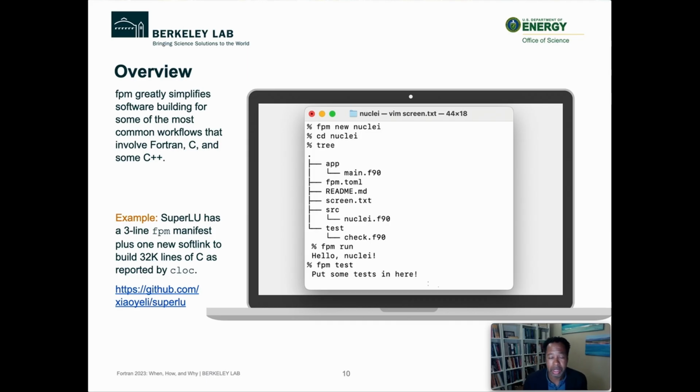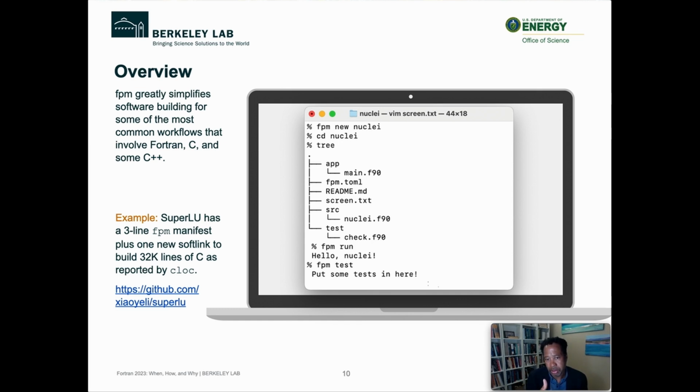For example, SuperLU is a linear algebra package, also developed at Berkeley Lab, to which I contributed a 3-line FPM manifest. That plus one new soft link is able to build 32,000 lines of C code. This is just showing an example of how you might get started with FPM. There's an fpm new command you can use to create a new repository.